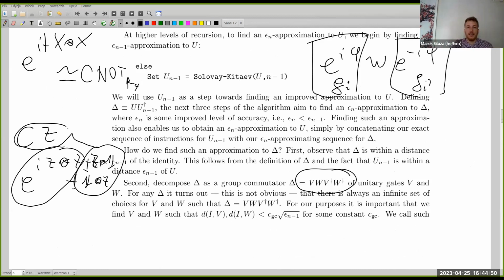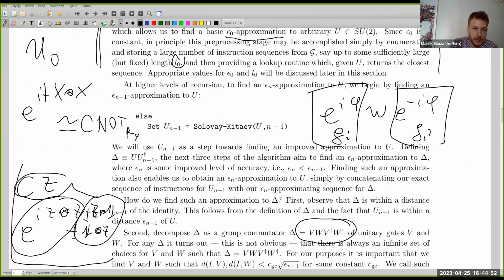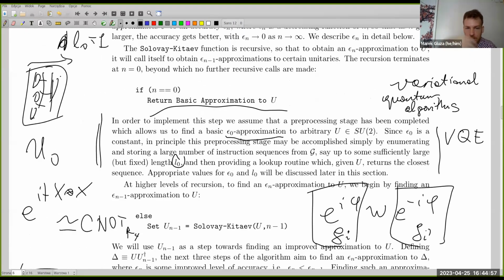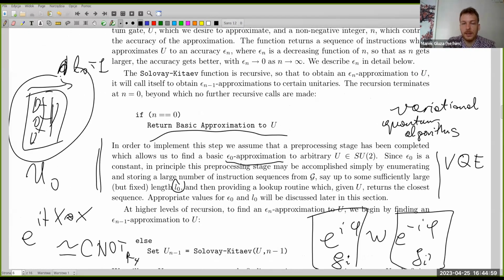Doing this kind of tinkering is covered by brute force evaluating everything and then having a lookup routine. A lookup routine means I have 1 million different short circuits, and for the unitary that somebody asks me to compile, in the first step I compare this unitary to all possible circuits at this depth L0, and I return the best approximation among these short circuits.